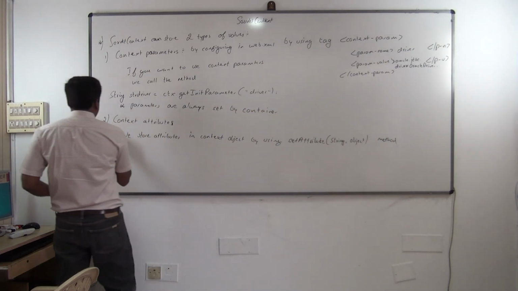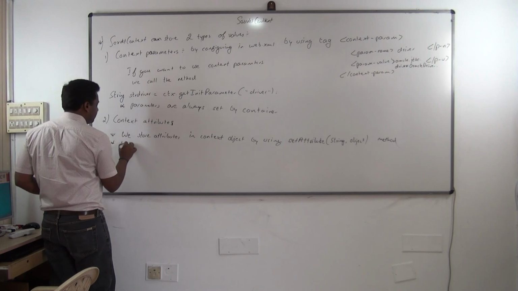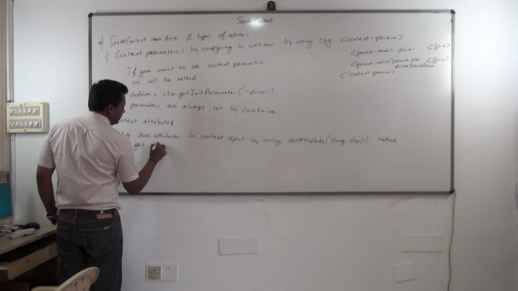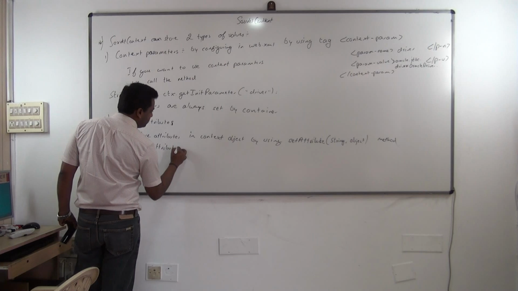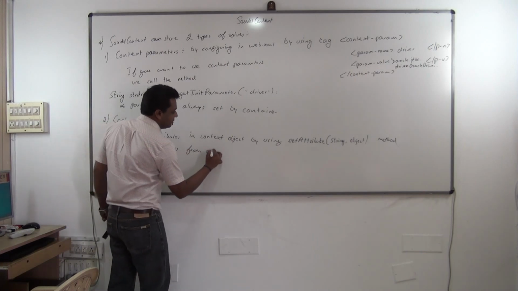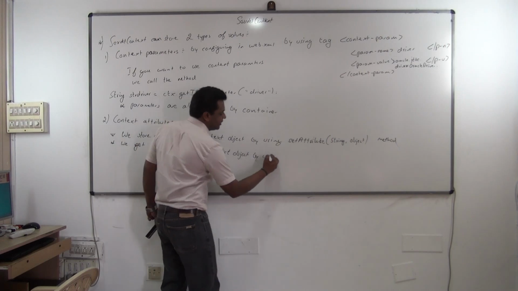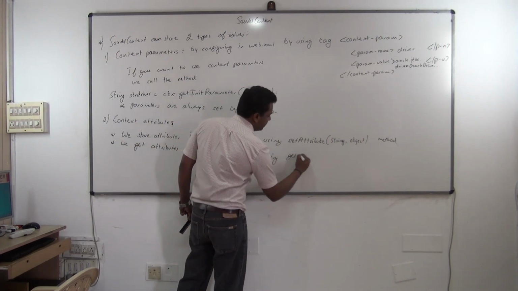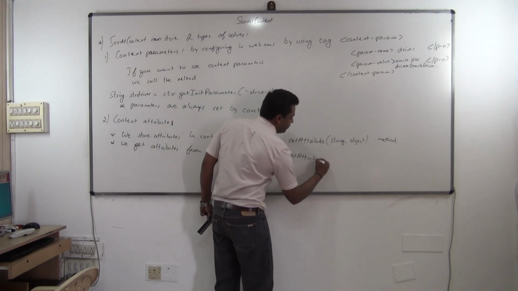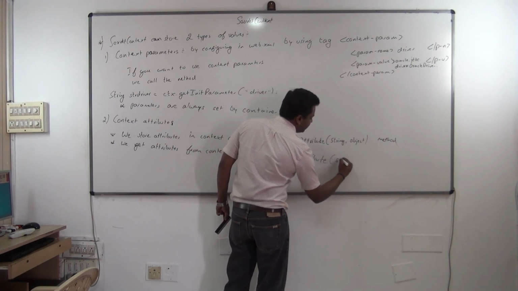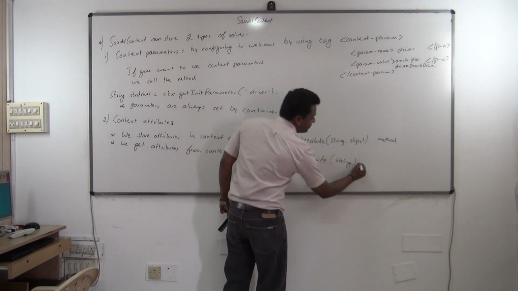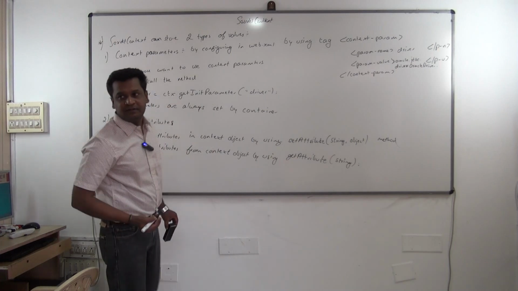Next point, we retrieve or get attributes from the context object by using the simple getAttribute method. Whatever name you have given here, the string, that name you give now, you'll get it.